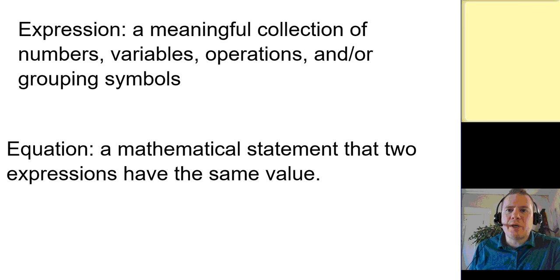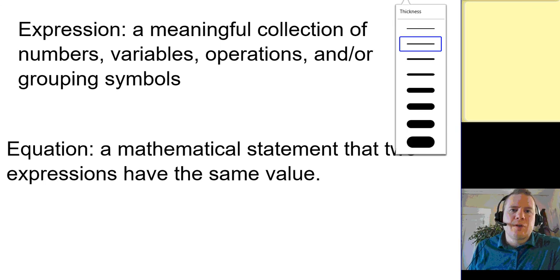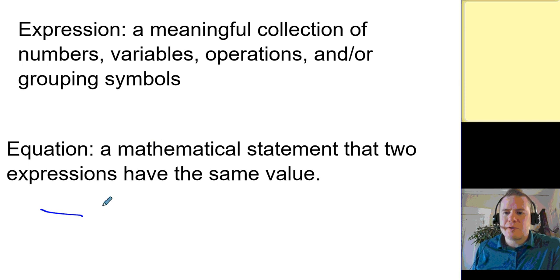Right? We're looking at two different things being equal. Each of them is an expression. So when I look at 3x plus 4 and I look at 7, each of those things are expressions.